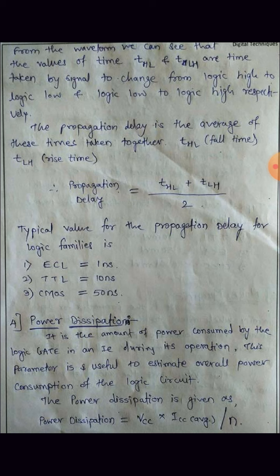So this heat is the power consumed in those ICs. I think all is clear for power dissipation. In short, it is the power consumed by the logic gate during its operation, and this parameter is used to calculate overall power consumption by the logic circuit.